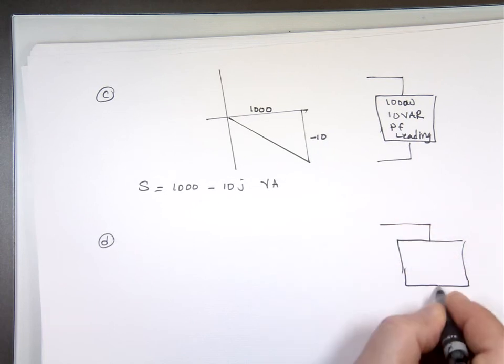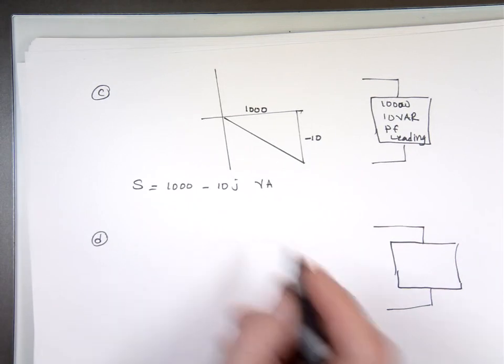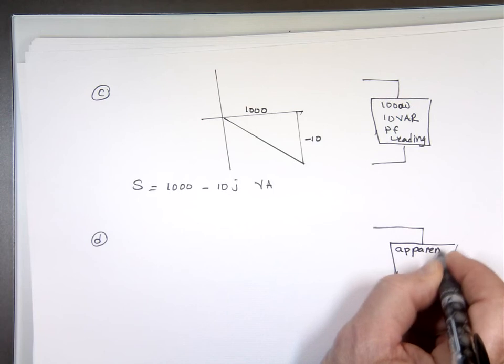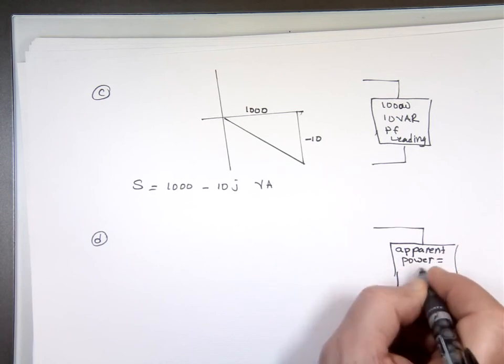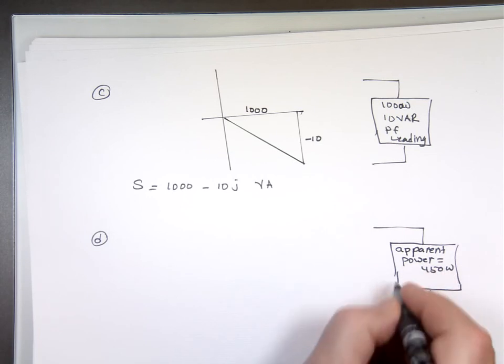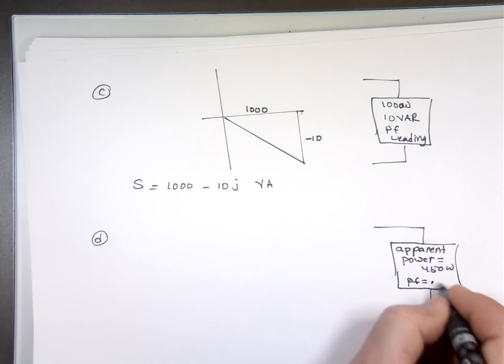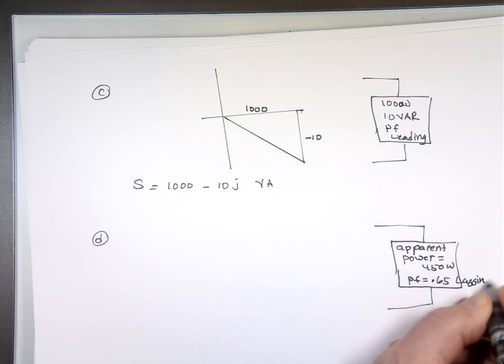So here what we know is the apparent power, yep, and a lagging power factor. And we need to find the complex power.